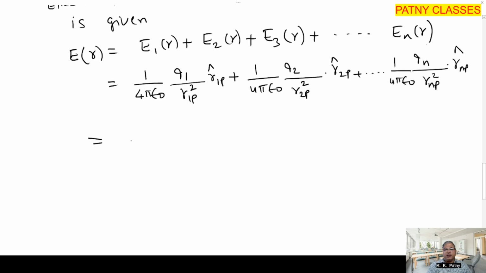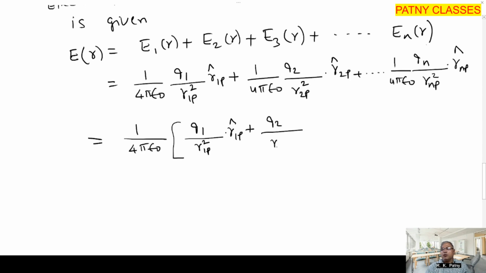This is equal to, now what you can do, you can take 1 upon 4 pi epsilon naught common, then Q1 upon R1p square multiplied by R1p cap plus Q2 upon R2p square multiplied by R2p cap and so on, Qn upon Rnp square multiplied by Rnp cap.